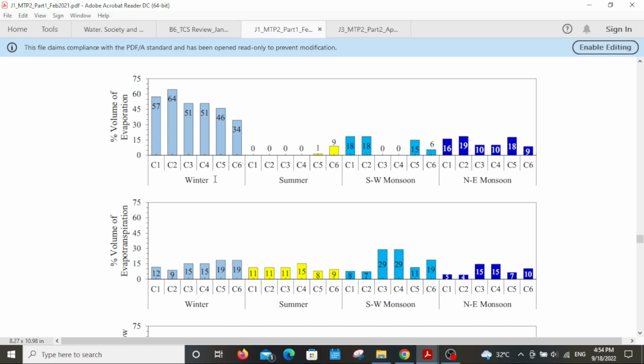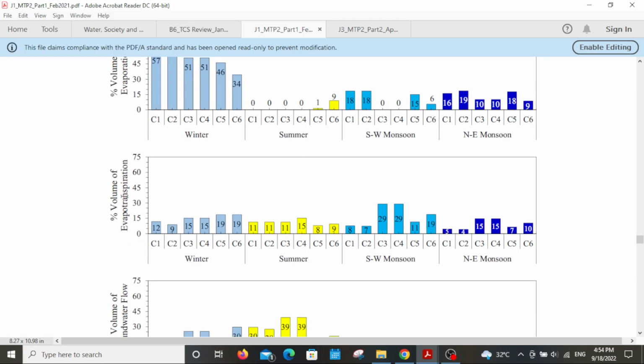We can see here that during winter the evaporation rates are very high across each catchment, while it is very less in summer because no water is available in the tanks, so the evaporation rates decline, and it is almost nominal in the monsoonal seasons as compared to winter.